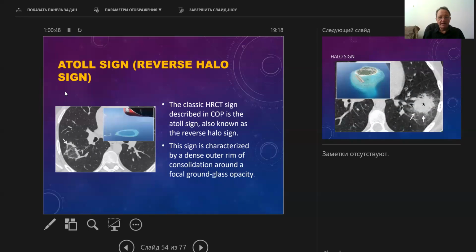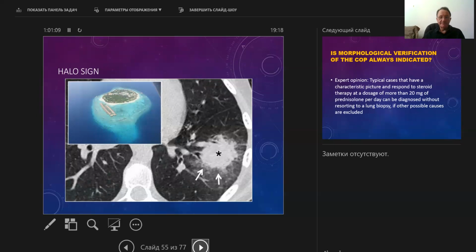Here you can see the dense outer rim of consolidation surrounding focal ground glass opacity. But sometimes in patients with COP, you can find halo signs: consolidation with ground glass opacity surrounding these foci of consolidation.